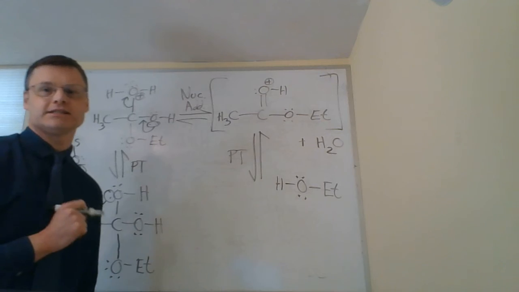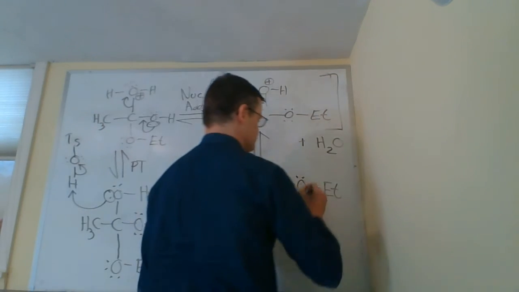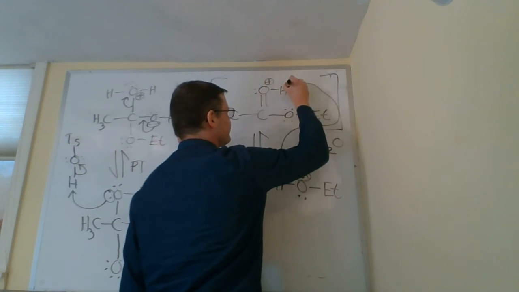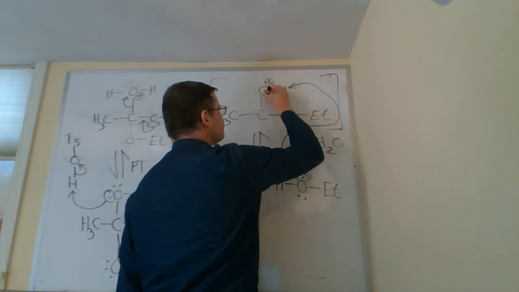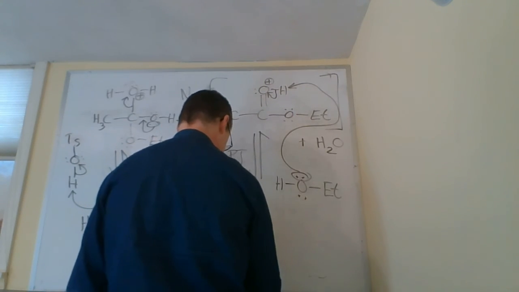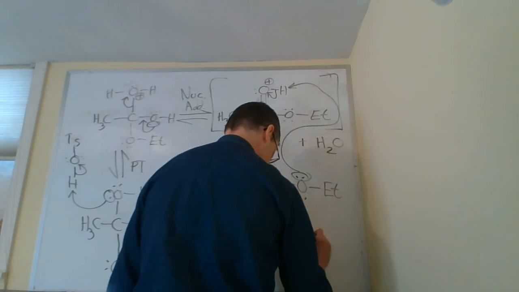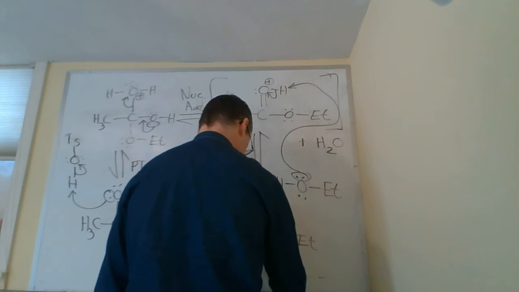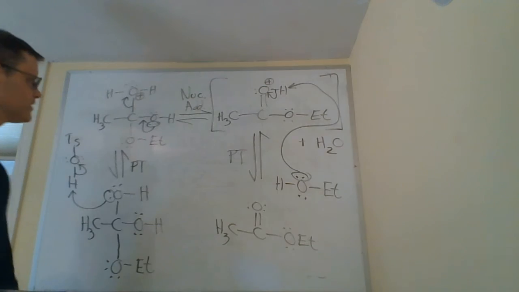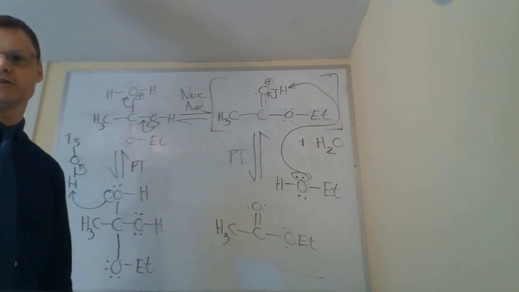We're not going to use the tosic acid because these are more basic than the tosic acid. So this is going to squeeze through here, pull off that proton, and we're going to do that proton transfer. And that ultimately gets us to our ester. Okay, so there's our ester. So in this second half, we've got a proton transfer, a nucleophilic addition, and another proton transfer.